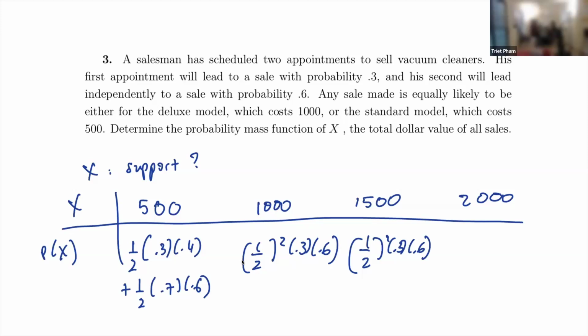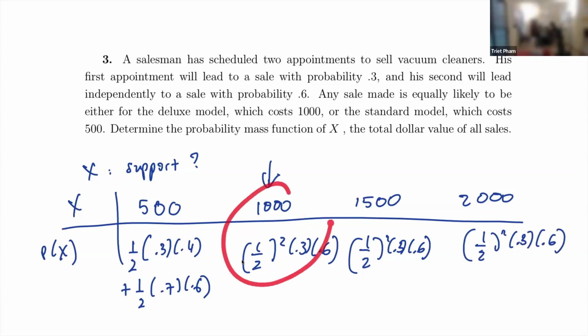What about 2,000? No, 1,000 is wrong. This 1,000 is wrong. 2,000 is, so do we see why 1,000 is wrong?